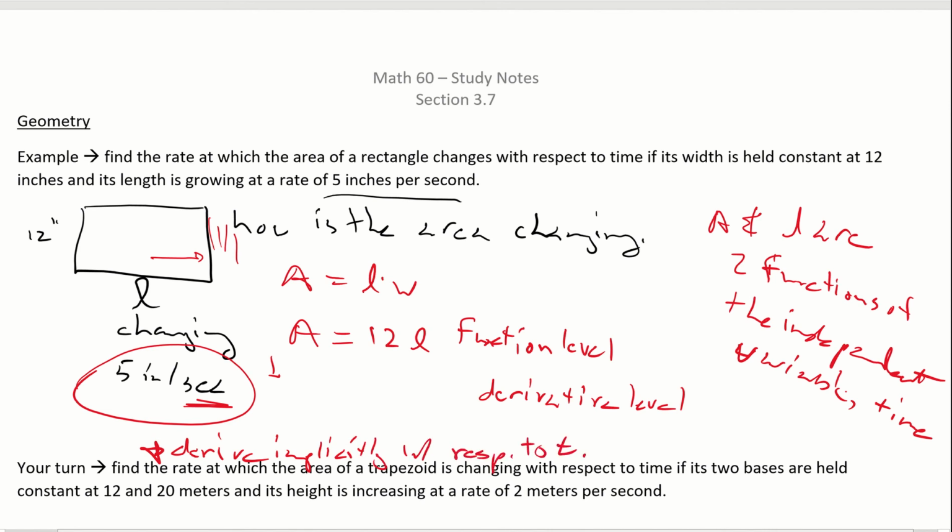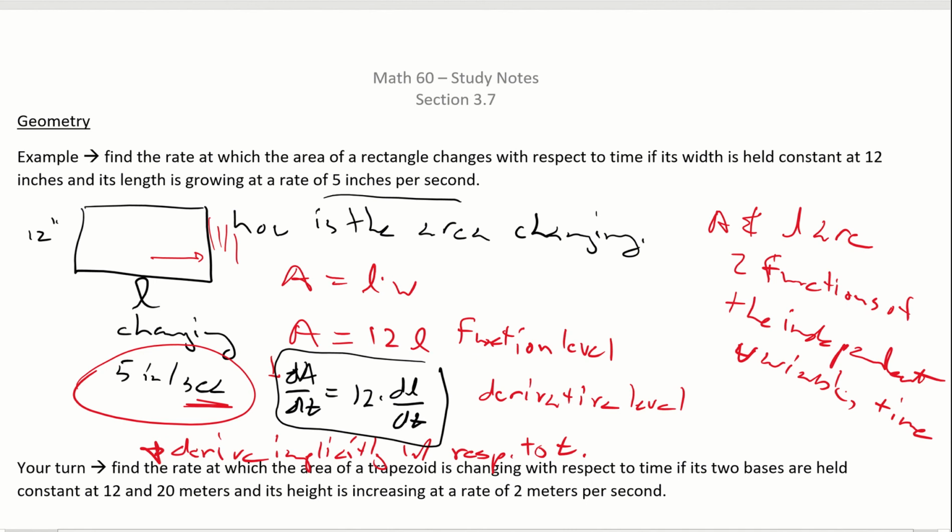So I derive A. Derive A, it's 1, but guess what? Chain rule. dA/dt is equal to 12 times dL/dt. That's something new, isn't it? It gets a lot crazier in section 9. Good stuff. Okay, so we have a relationship right here of the rates of change.